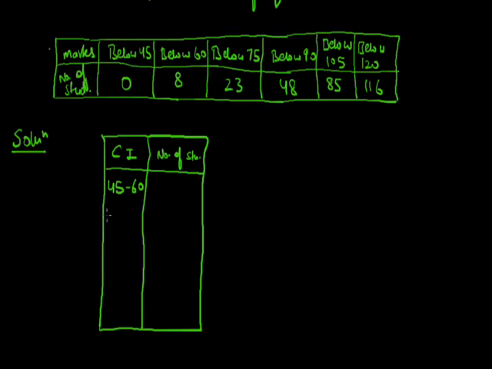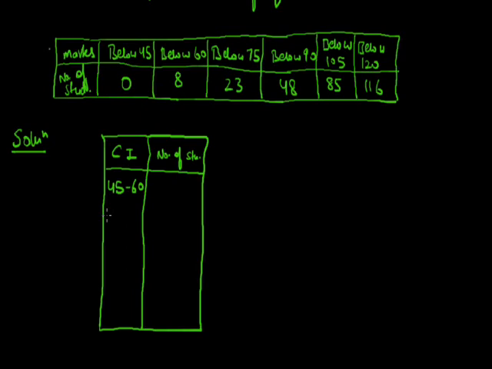But suppose there were students below 45, then definitely we would need to take a class below 45. In that case we generally take the class from 0 to 45. We will not divide that class into class sizes of 15, such as 0 to 15, 15 to 30 and 30 to 45, because we don't know how many students are between 0 to 15, 15 to 30 and 30 to 45.